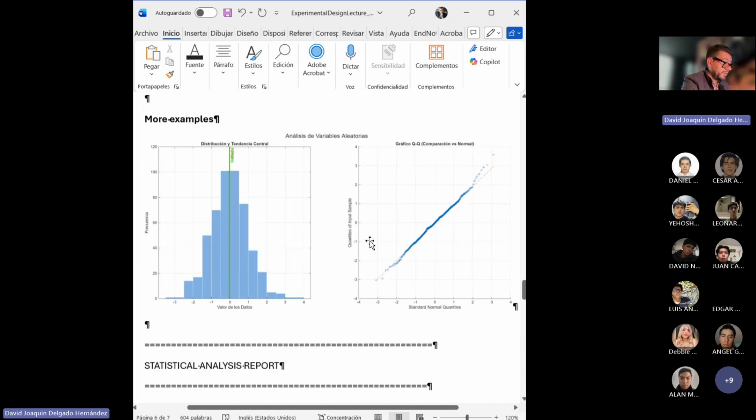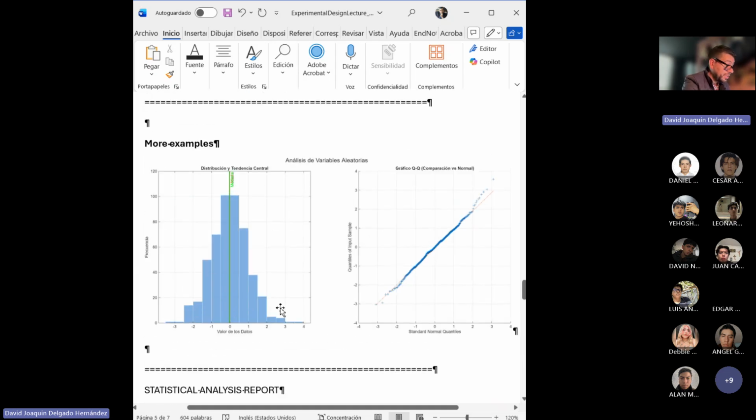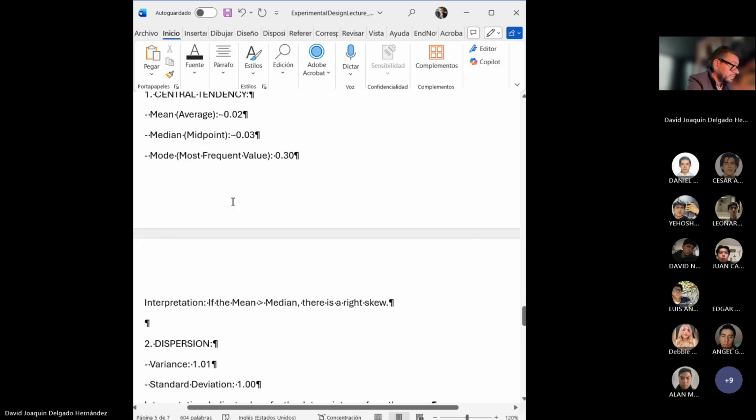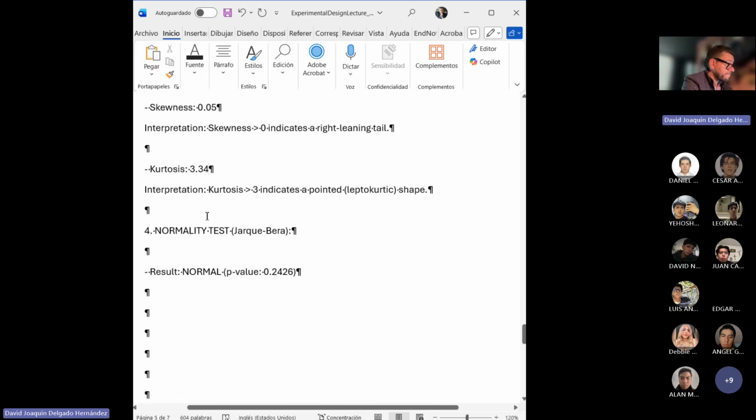So this is pointed. You see, it is very sharp. This bell is very tall at the mean value. Okay. What about the normality?